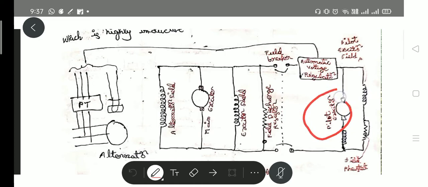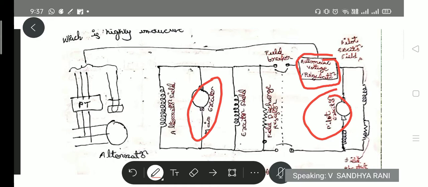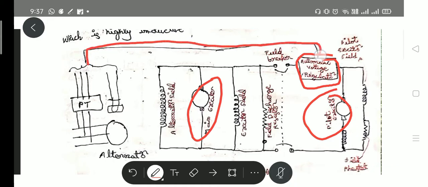One is the pilot exciter, another is the main exciter, right? The pilot exciter is connected to the automatic voltage regulator. By using this automatic voltage regulator, we can control the alternator output voltage.